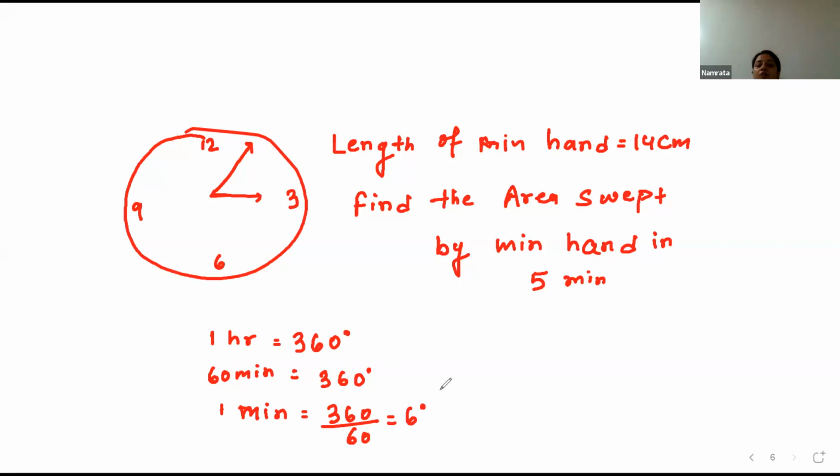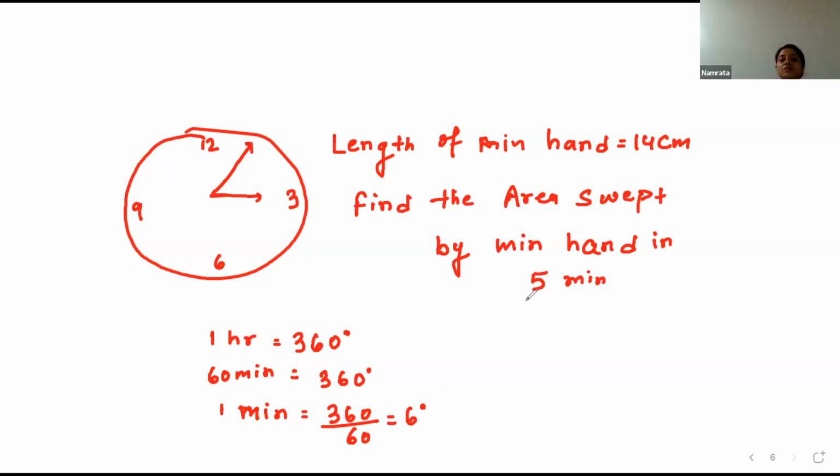Are you getting it, both of you? In 1 hour, it covers 360 degree, right? Yes, ma'am. 1 hour means what? 60 minute. That means in 60 minute, it is covering 360 degree. So in 1 minute, it's like 60 chocolate cost is 360 rupees. So one chocolate cost will be 360 by 60, right? From there we got 6 degree. So in 1 minute, minute hand is covering 6 degree.